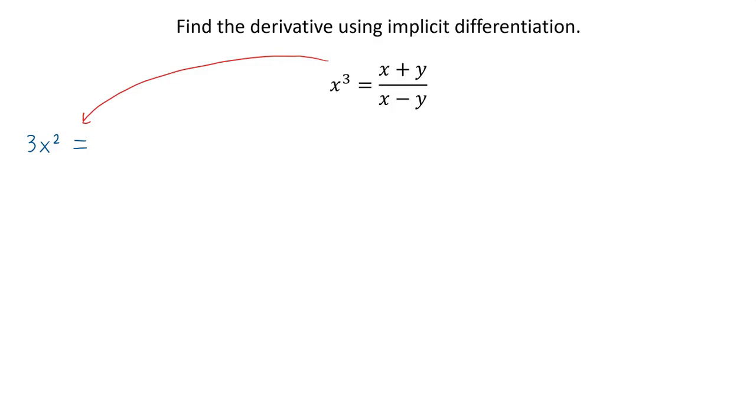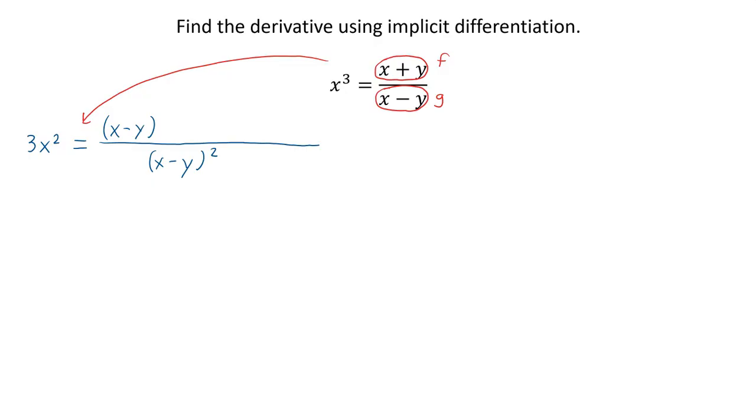The easiest part of the quotient rule is the denominator, and that's just g squared, or the denominator squared. And when using the quotient rule, the numerator is f prime g minus g prime f. The first term is f prime g. G is the denominator, which is x minus y, and we have to multiply that by f prime.